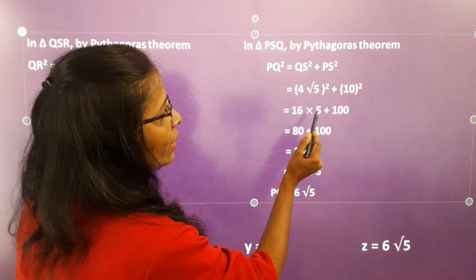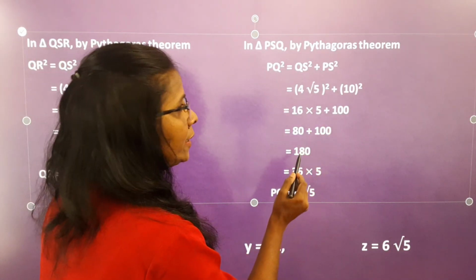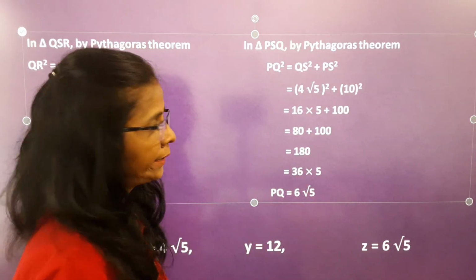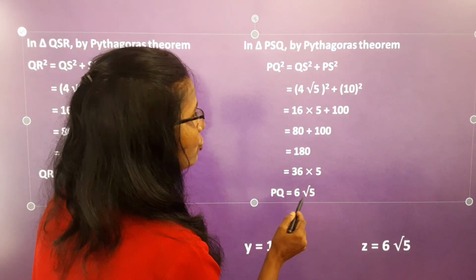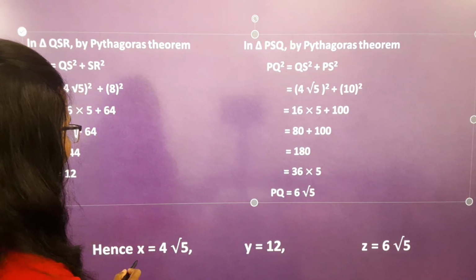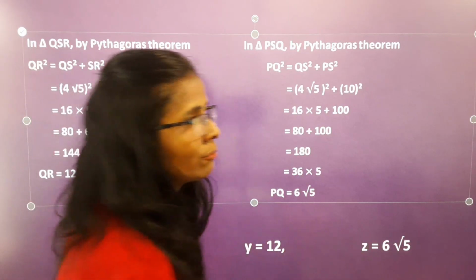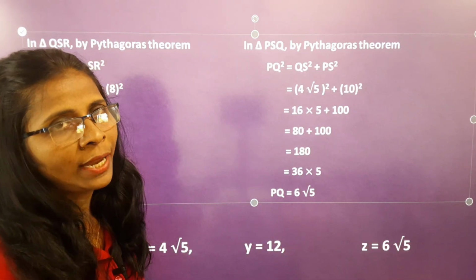So 16 multiplied by 5 plus 100. So 80 plus 100, which is equal to 180. So PQ is equal to 6 root 5, students. So this means X is equal to 4 root 5, Y is equal to 12, and Z is equal to 6 root 5.